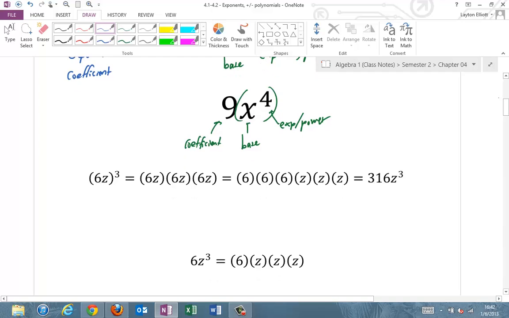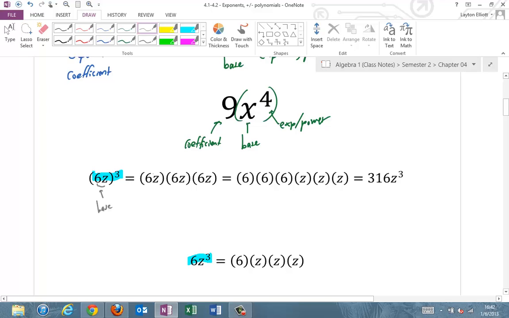Moving right down, we start with something like (6z) cubed, and what I want to do is compare this (6z) cubed with this, just to highlight the differences, because in the first case, your base is 6z, because that is what is being raised to the 3rd power. Grouping that in parentheses shows that that's what we want to raise to the 3rd power.